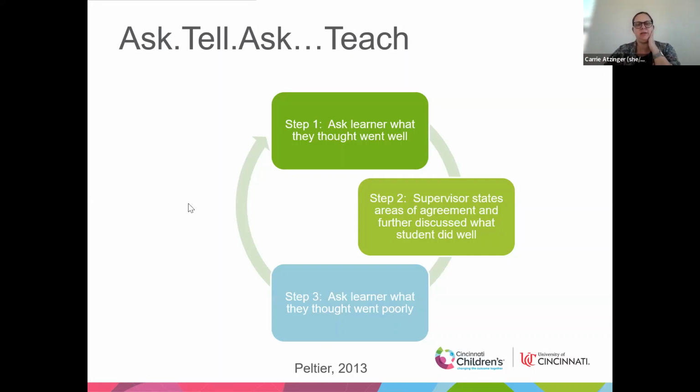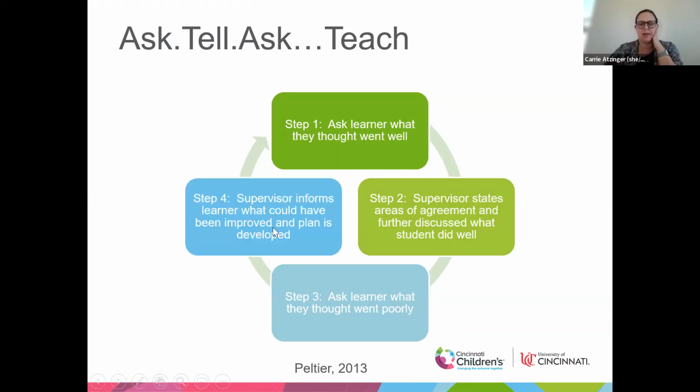And then the teach piece is really jumping in with the teaching of, okay, yes, I think that could go better. Here's some ideas that I have about how you could do that differently. Or if you're wanting to take on more of that collaborator role, what are some ideas of things that you think you could do next? So again, creating that action plan for next steps.